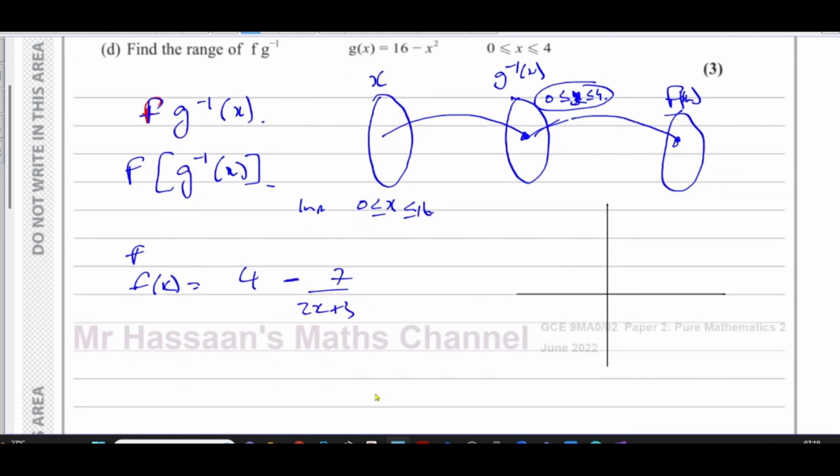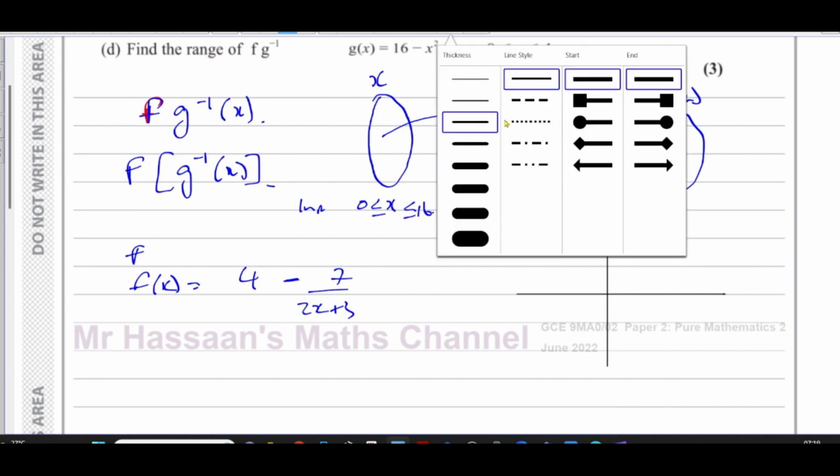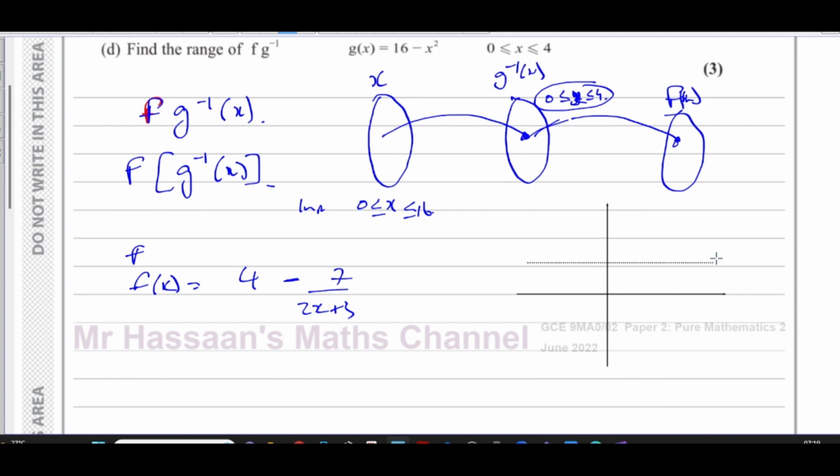We mentioned that this is a reciprocal function, as we know, and there are two asymptotes. You have the horizontal asymptote, which is when y equals 4. Let me just put that here. That's the horizontal asymptote, y equals 4.